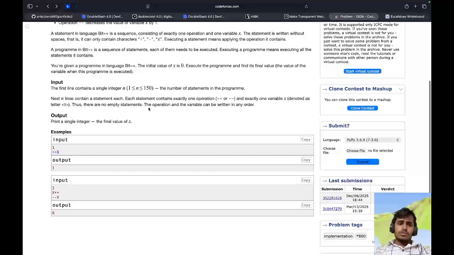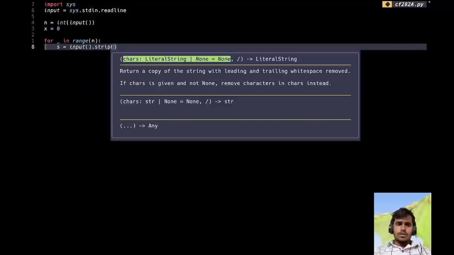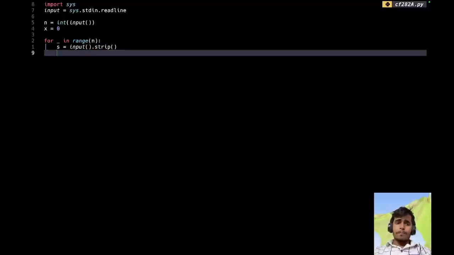So s is equal to input dot strip. This is a string. We check whether s contains plus plus or minus minus.